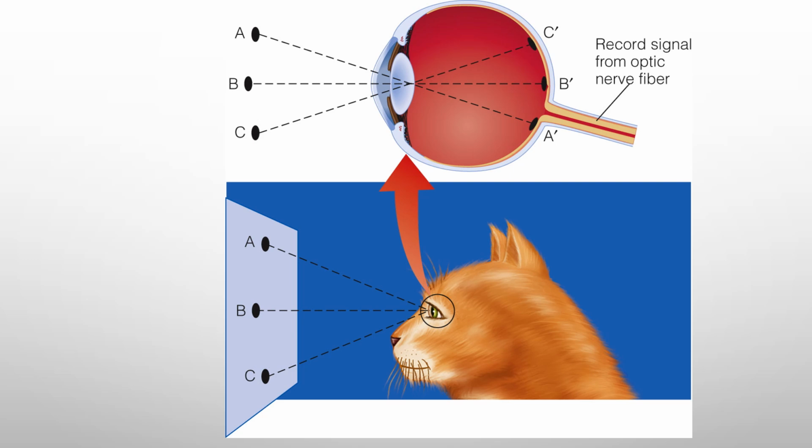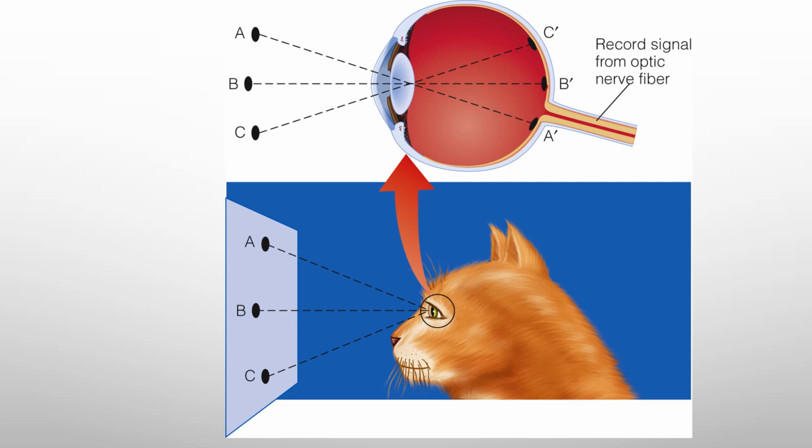The people who learned about receptive fields in the earlier part of processing, all the way up through the visual cortex, were David Hubel and Torsten Wiesel. They learned about it by using cats, and they would basically anesthetize the eye of the cat so that the eye is very still.